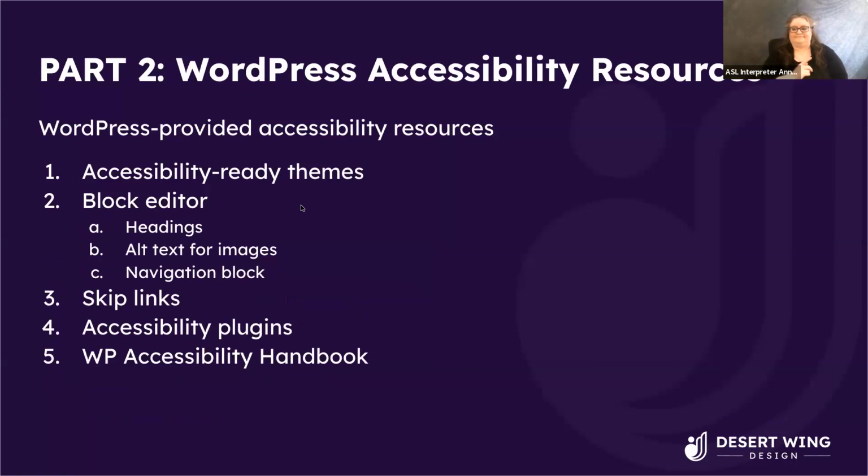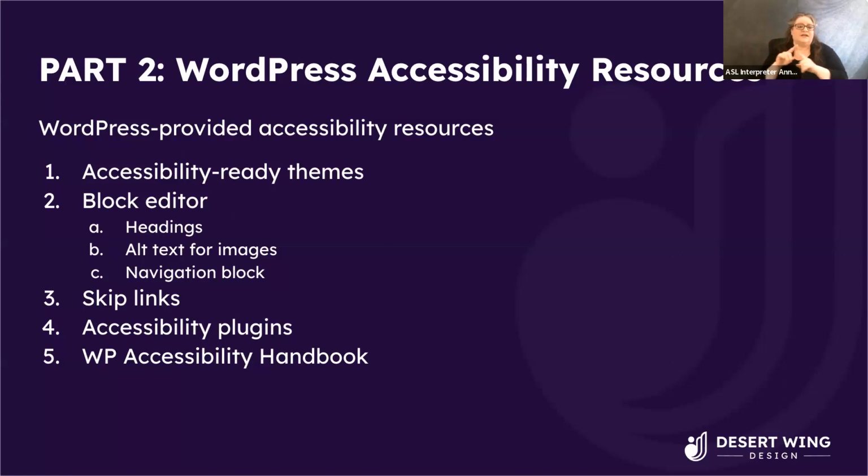So let's go to WordPress accessibility resources. The WordPress ecosystem has a lot of resources available for us to make websites accessible. And as I already mentioned earlier, we get a few default themes that are accessibility ready out of the box. There are more available options if you'd prefer a different design.